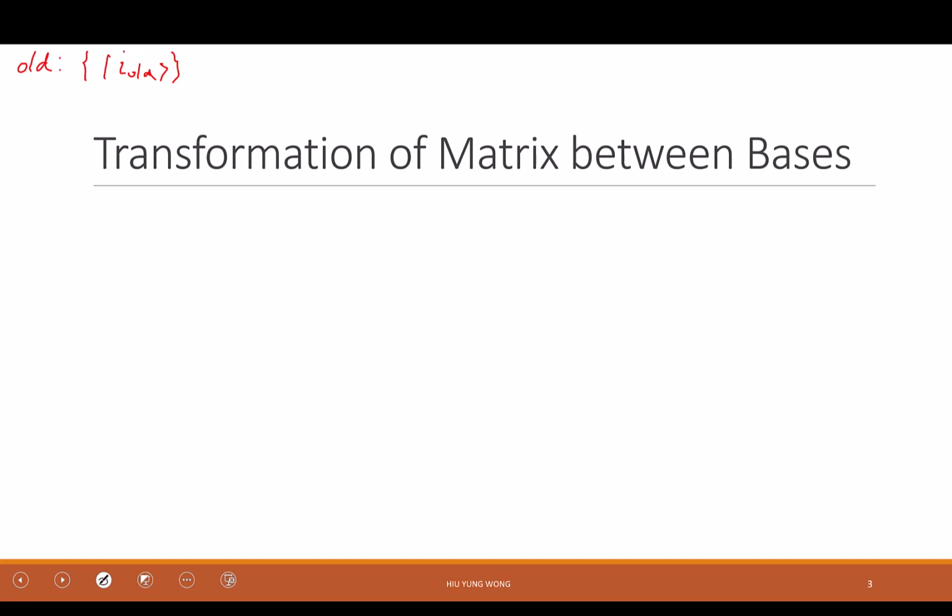Understand what I mean? You have the basis vectors i_O from 0 to n minus 1, and then we go to the new basis, which I call i_new. So how do you transform a vector from an old basis to the new basis?